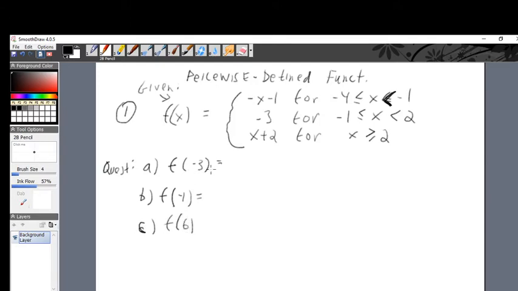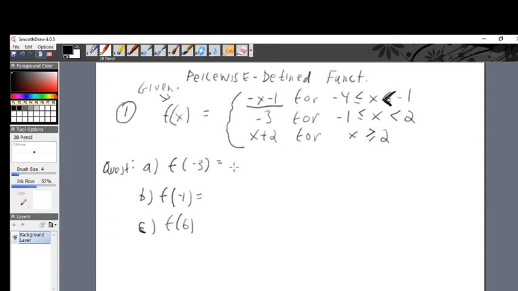Okay, so for f of negative 3, we look up over here. Where's negative 3? Negative 3 is between negative 4 and negative 1. It's above negative 4, it's below negative 1. So it's over here. What are the instructions? The instructions say negative x minus 1.